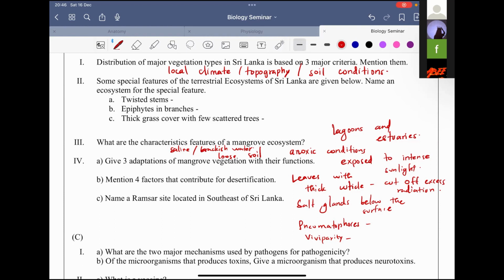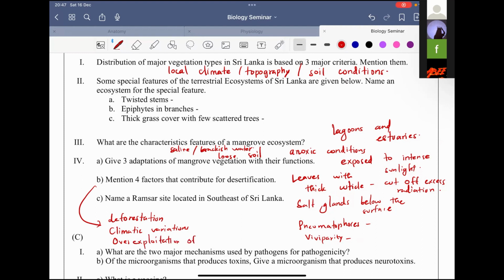Next, mention 4 factors that contribute to desertification. Desertification means loss of the vegetation. So the main factors: climatic variations, over exploitation of water and soil.